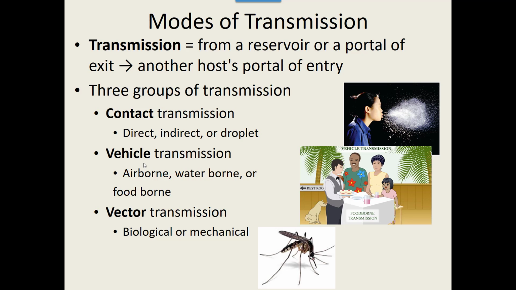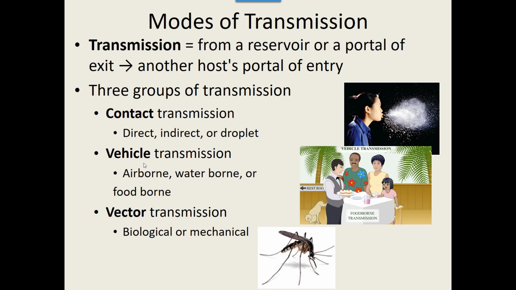Biological means the pathogen, and I have my mosquito as an example because it's a very common one, will be transmitted, but the actual microbe lives inside of the mosquito for a short period of time or for some stage. Examples: malaria gets spread that way, West Nile virus. These microbes live inside of the mosquito, and the mosquito bites you and transmits it.